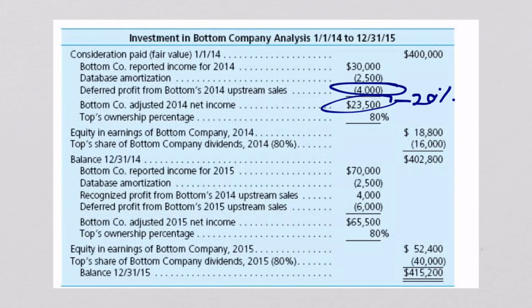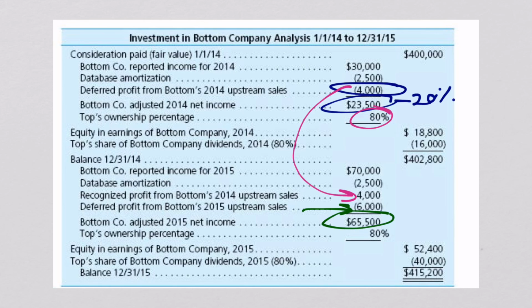So there's a difference between the calculation of income because of the unrealized profit. When it's upstream, some of it gets charged to the parent, the 80%, but clearly 20% goes to the non-controlling interest by virtue of the way the calculation is done. Same thing occurs. This gets reversed. Here's the new deferral amount, the new unrealized profit.